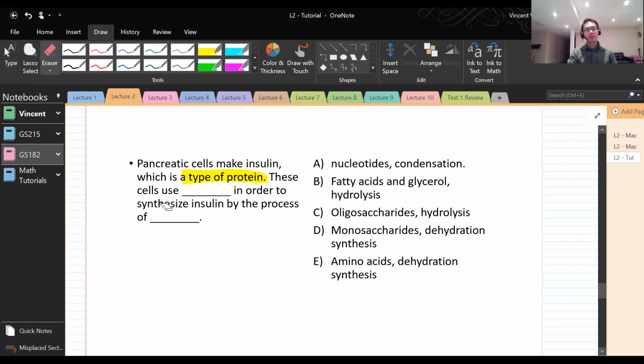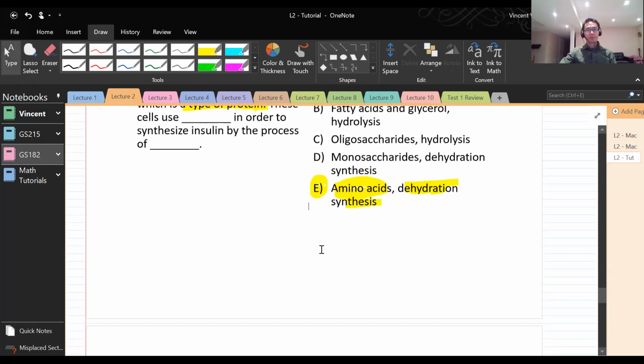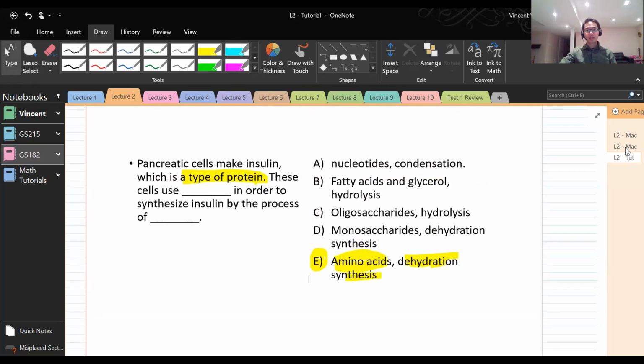So these cells use something in order to synthesize insulin by the process of something. If we are talking about proteins, how do we make proteins? We make proteins by connecting amino acids together through dehydration synthesis. Fatty acids and glycerol, that's lipids. That has nothing to do with proteins. So the correct answer is E. I hope that makes sense. All right, let's move on.